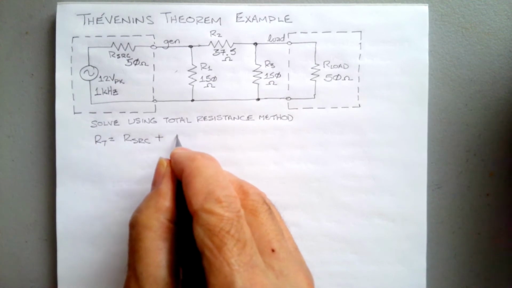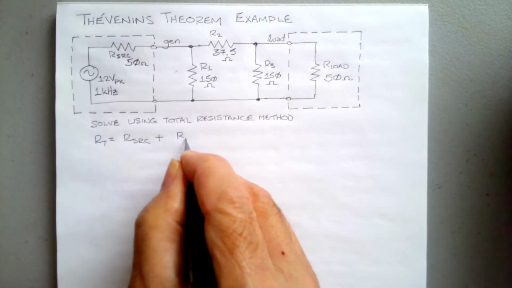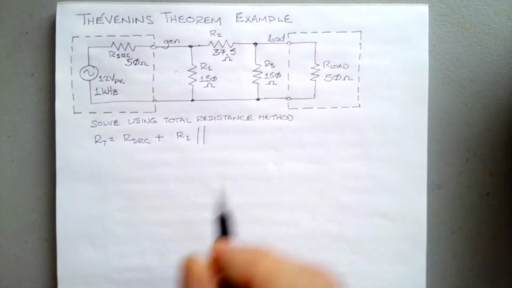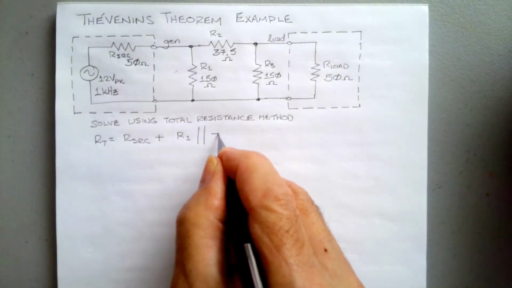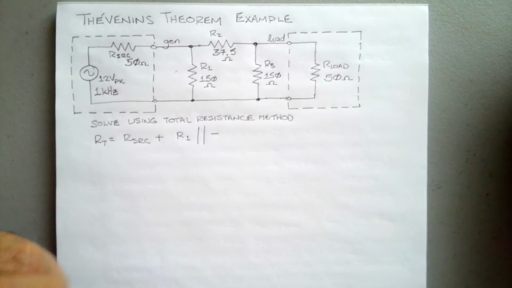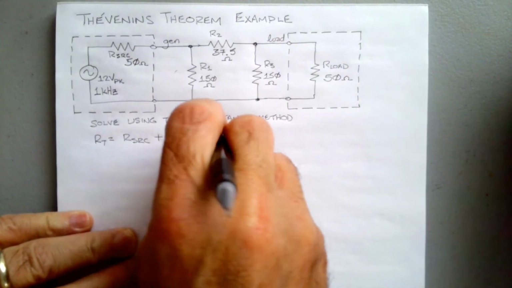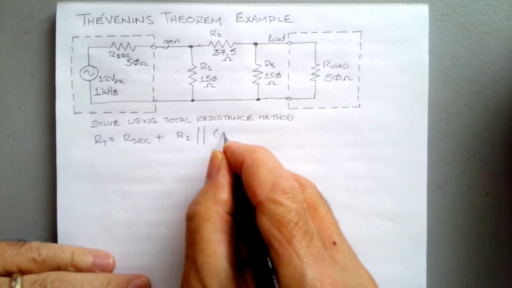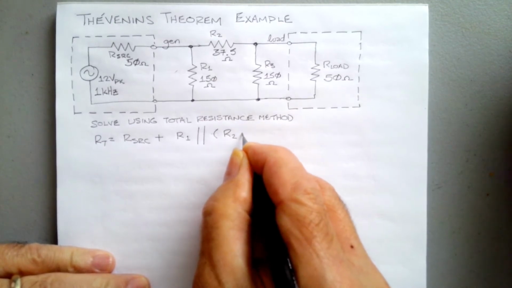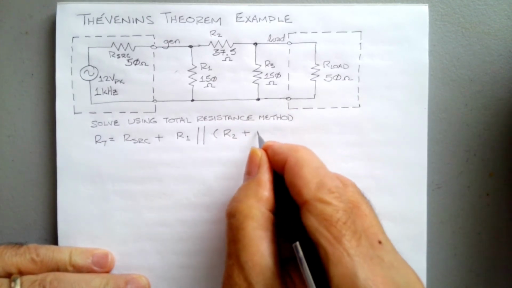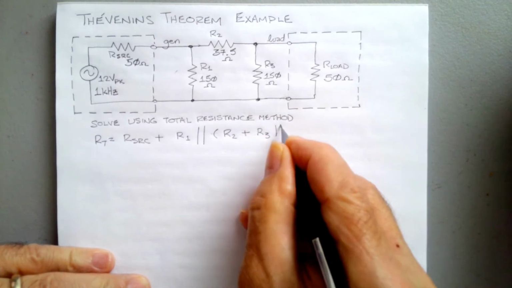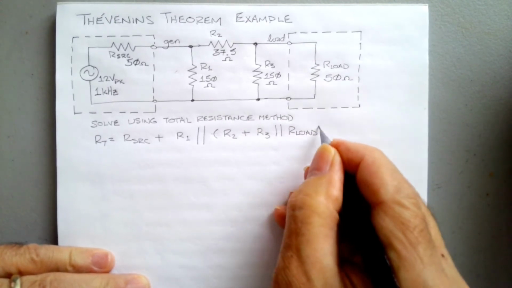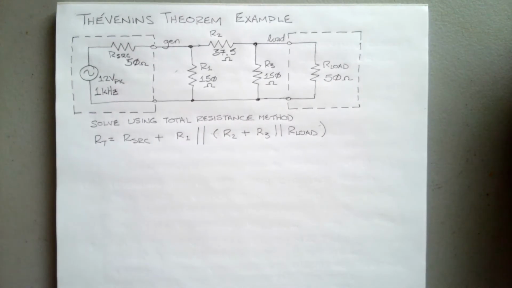So we have R source in series, added to R1 in parallel with the combination of R2 plus R3 in parallel with R load. So there's our total resistance.